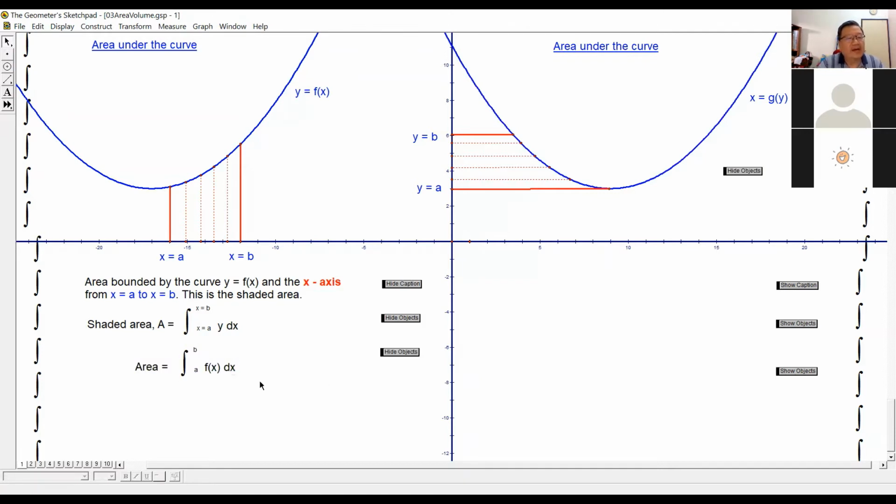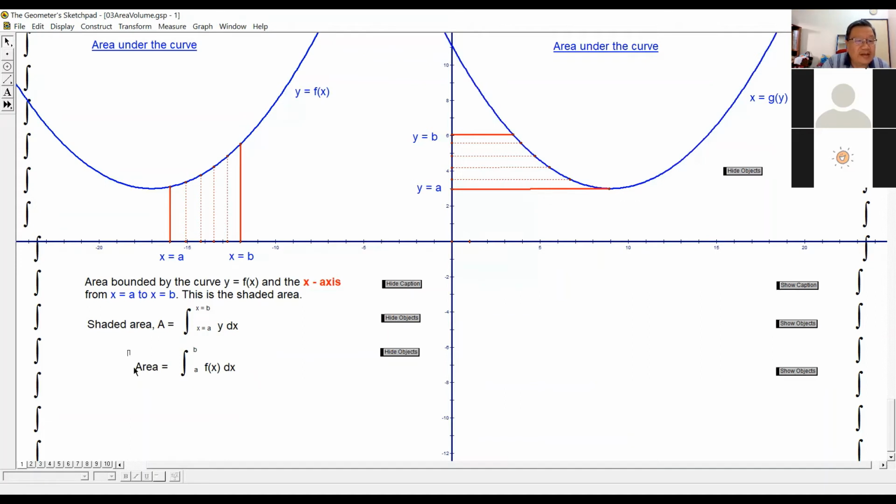You can also write it as the integral of f(x) dx, because y you cannot integrate with respect to x. So you have to change the y to a function of x, then you can integrate with respect to x.